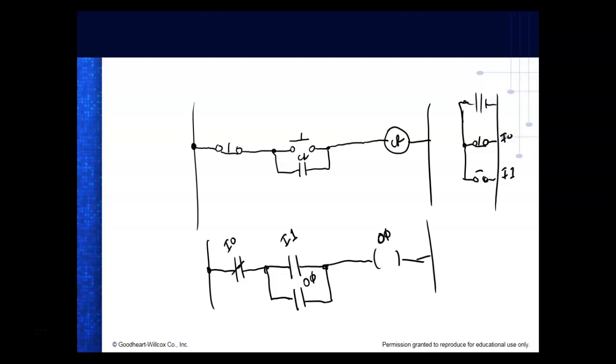So in PLCs, this is not a normally open push button. This is an examine if open instruction. And this is an examine if closed instruction. So examine if open means it's true if it's open. Of course, examine if closed means it's true if it's closed.